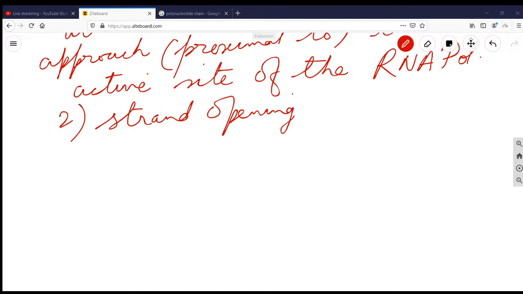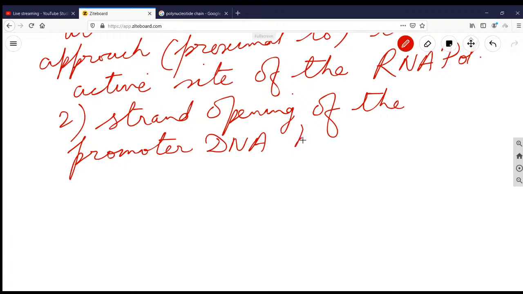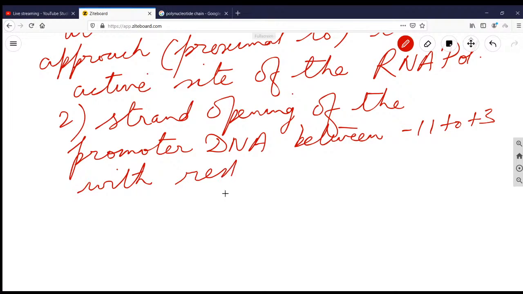So strand opening of the promoter DNA between -11 to +3. +3 means where the real structural gene is. +3 with respect to the transcription start site, means from +1 transcription starts, with respect to the transcription start site TSS.